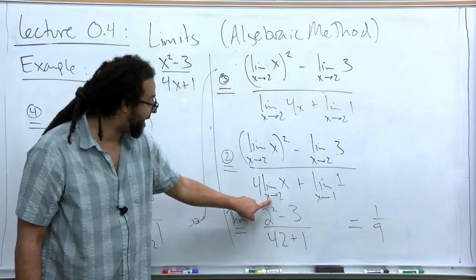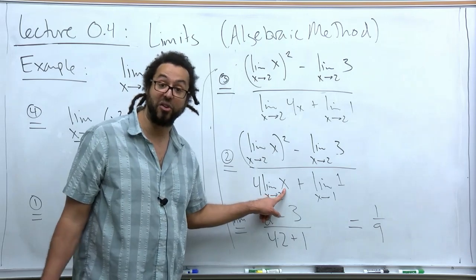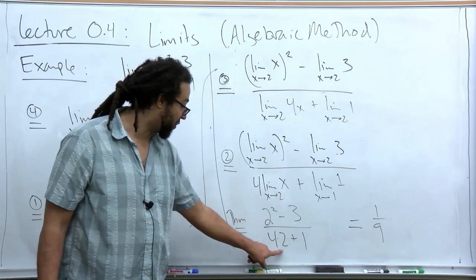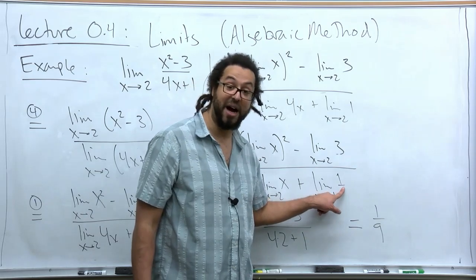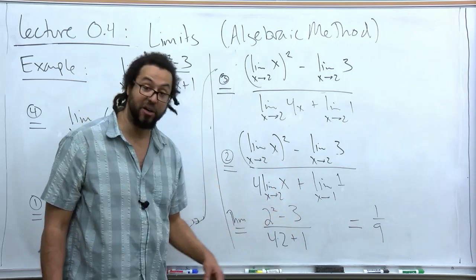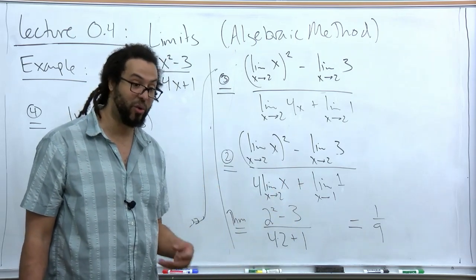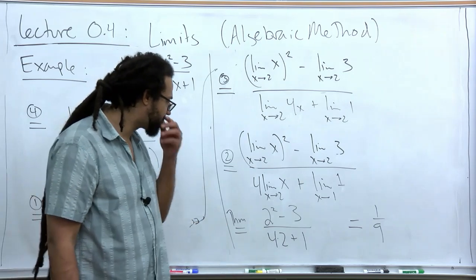And then when I plug in 2 for the power function x to the 1, I just get 2. And then the limit as x approaches 1 of a constant 1 is just 1. So that's how I got from here to here, just using that theorem that says we're allowed to plug in the number for the 3 parent functions.